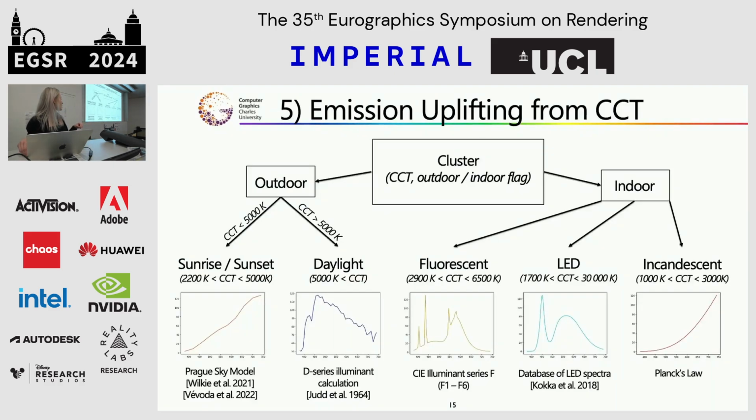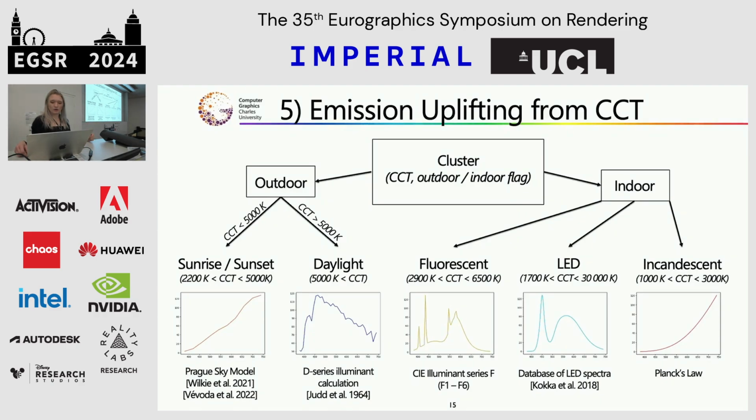Outdoor clusters are divided into sunset and daylight clusters, depending on the CCT, warmer for sunset, cooler for daylight. Unfortunately, for the indoor clusters, based on this information alone, we couldn't determine the actual type of the illuminant. So by default, we just assume everything to be LED. However, we also support fluorescent and incandescent light sources if specified by the user.